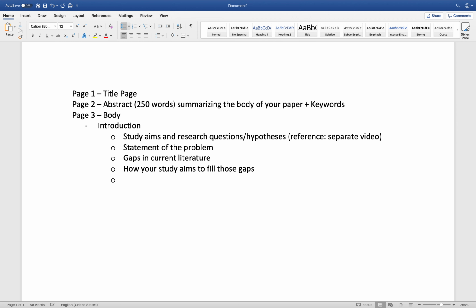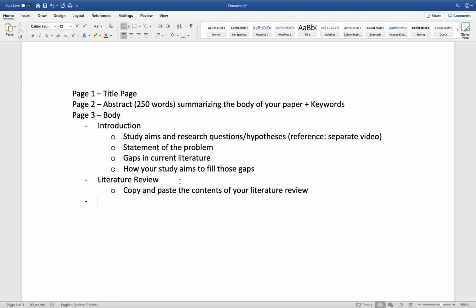And then the next section will be your literature review. And here you're just going to copy and paste the contents of your literature review. I can't spell, sorry about that. That's the end of your literature review. You've already gotten credit for that assignment. So you're just going to be copying and pasting the body of your literature review.